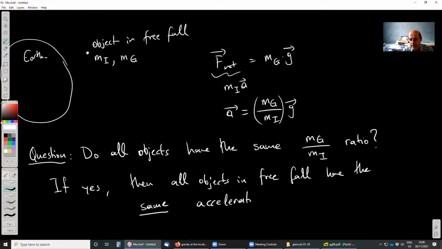If no, then there are some objects which are going to have different free fall accelerations. So this is a question that's worth investigating experimentally too. But let me say something more about this.